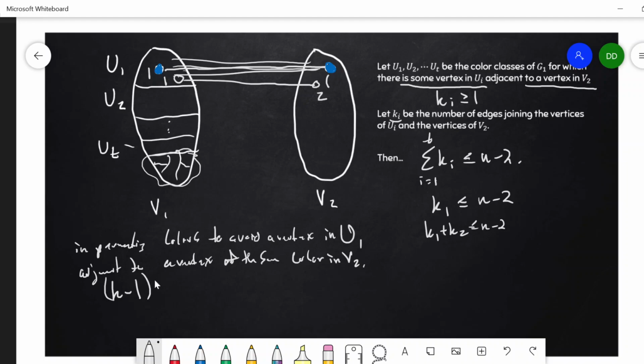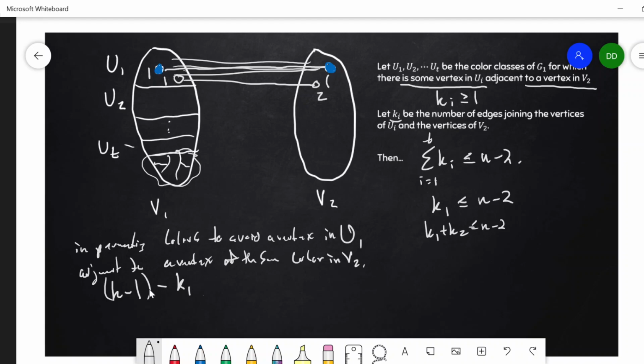And how many do we need to avoid? At most there's K1 vertices over here that are adjacent to vertices here, right? K1 is the number of edges from U1 to V2. So that means I have k minus 1 minus K1 options. And that's how many colors I have left over that I could use here.